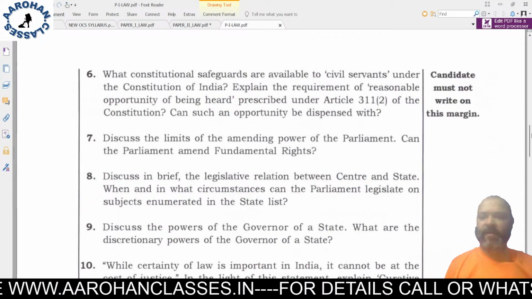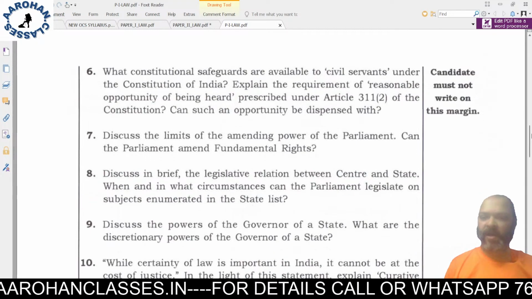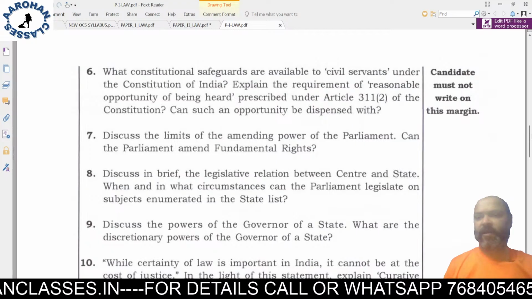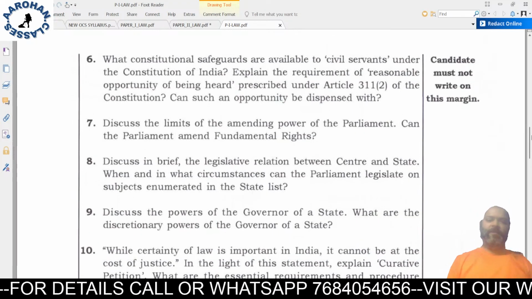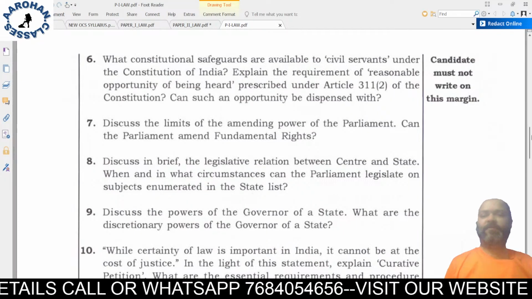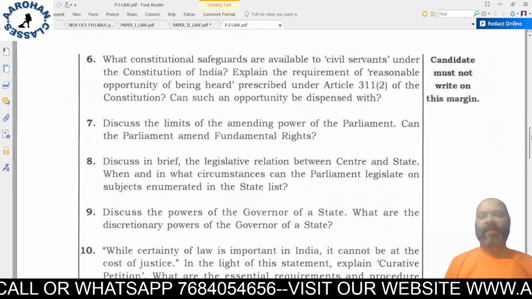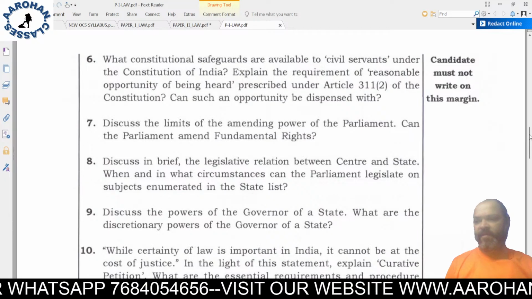Question 6: what constitutional safeguards are available to civil servants under the Constitution of India? Explain the requirement of reasonable opportunity of being heard prescribed under Article 311(2) of the Constitution. Can such opportunity be dispensed with? Discuss the limits of the amending power of Parliament. Can Parliament amend fundamental rights?